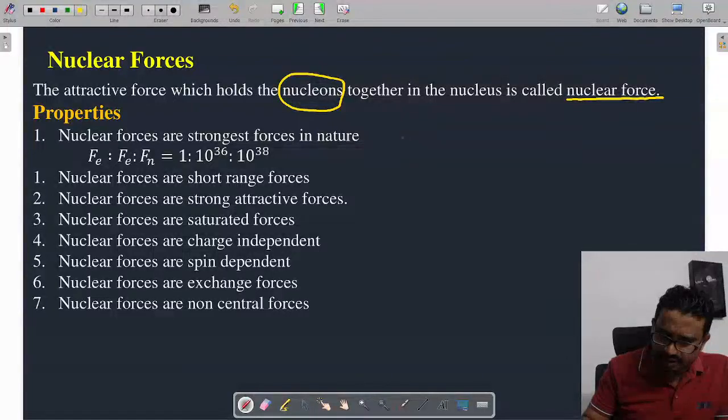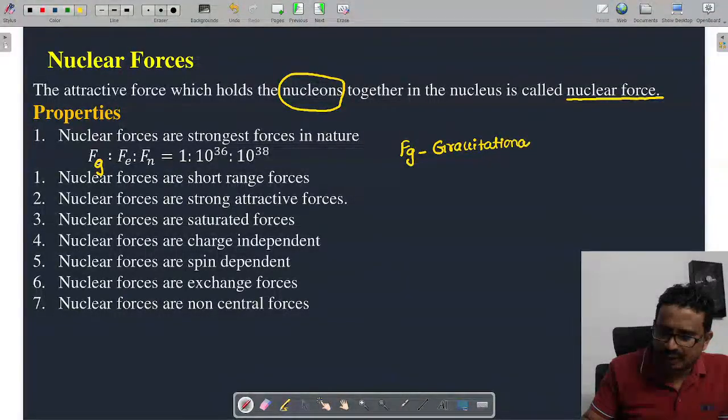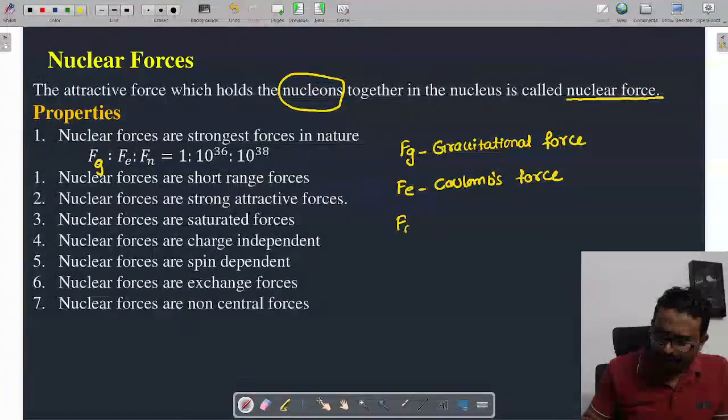Now, here Fg is the gravitational force, Fe is the Coulomb's force, and Fn is the nuclear force.